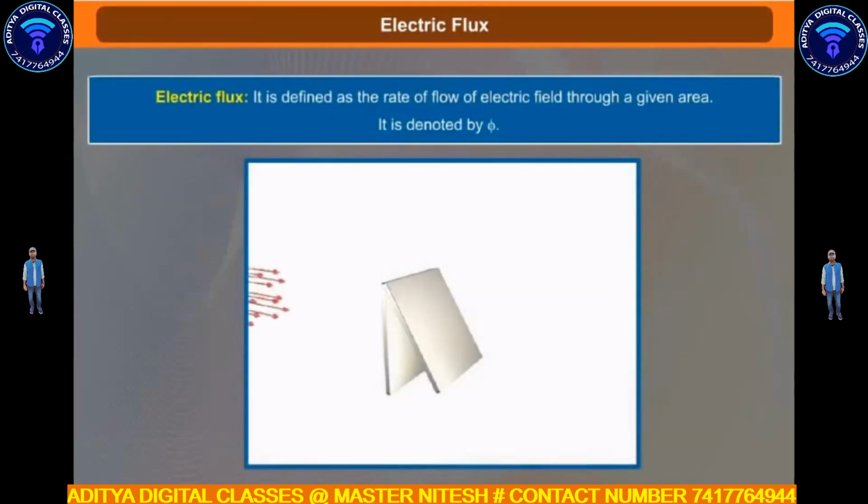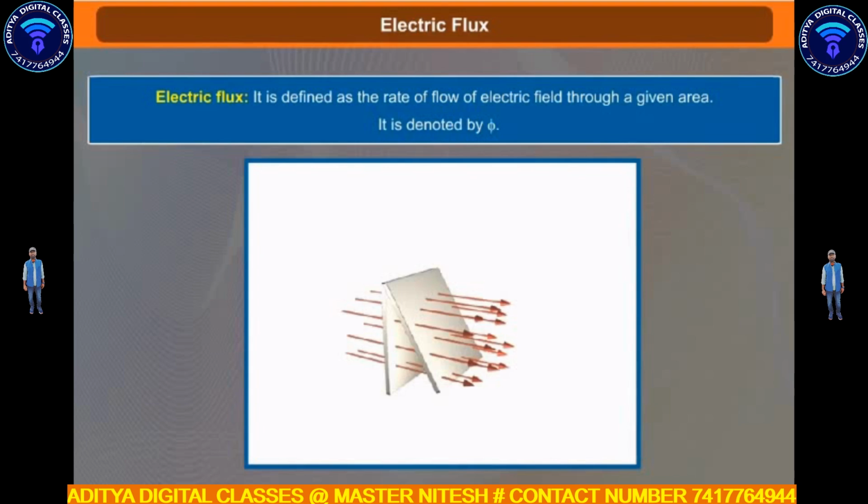Electric flux. It is defined as the rate of flow of electric field through a given area. It is denoted by phi.